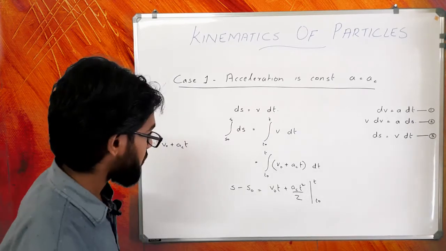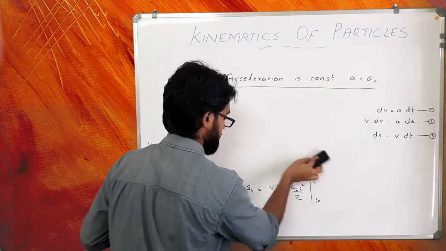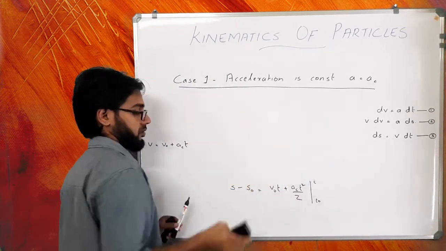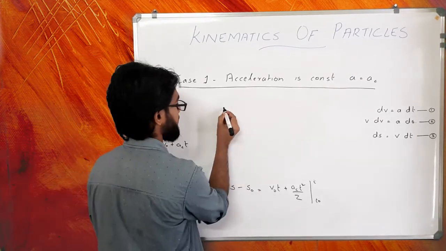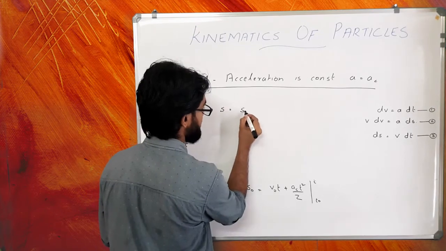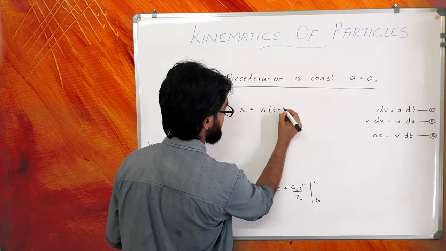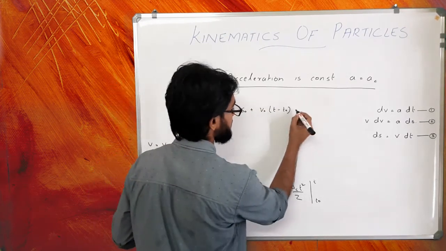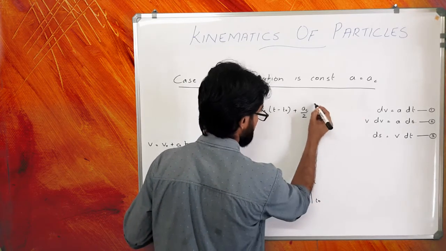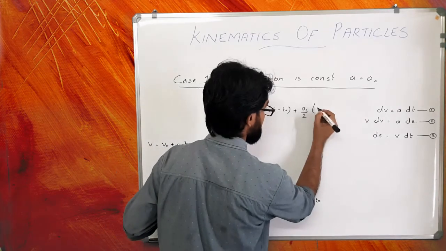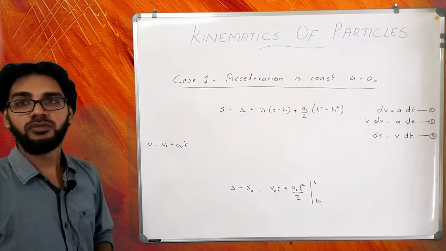I shall rub this out, and now if I bring this to the right hand side, s equals s0 plus v0 into (t minus t0) plus a_c by 2 into, if I represent it here again, (t square minus t0 square). Okay.